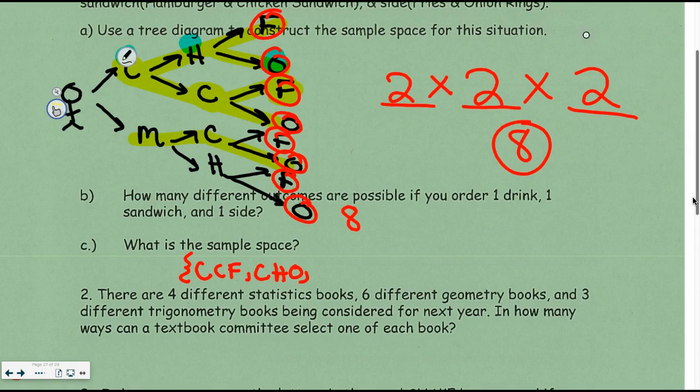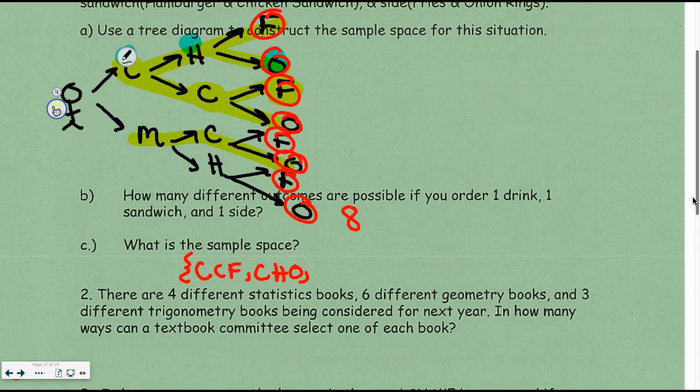So let's suppose somebody's birthday is March 15th, 1965. And if I asked you, what's the sample space for the digits in that birthday?